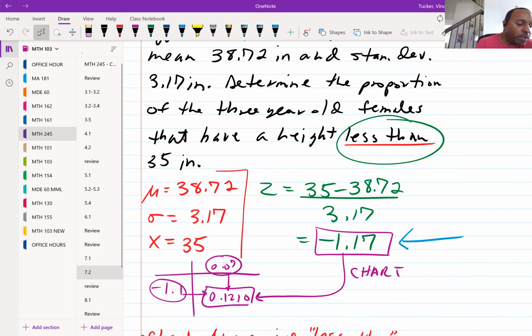Once you get your z-score, then you go to the chart, get your chart value. All right, so let's go back to the chart, just make sure we're okay with reading it.